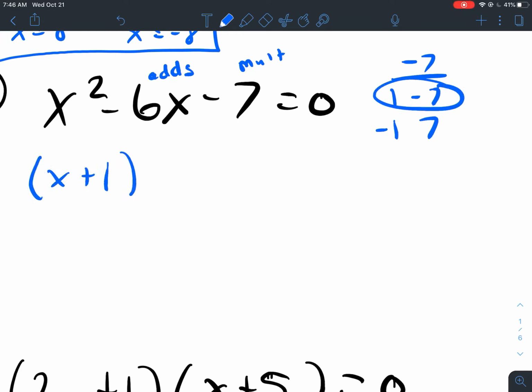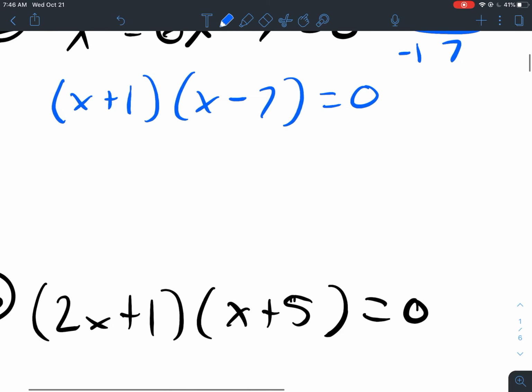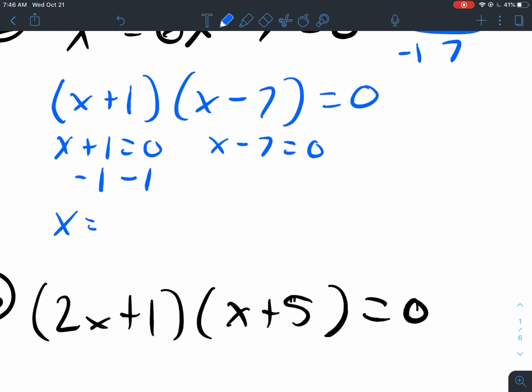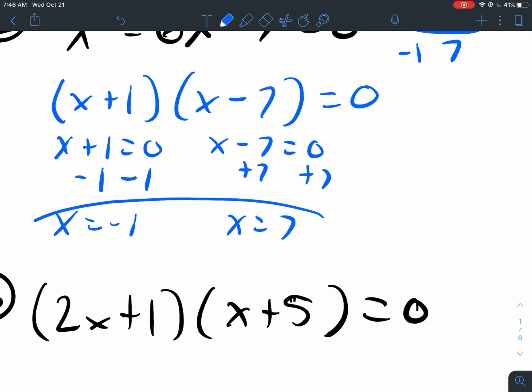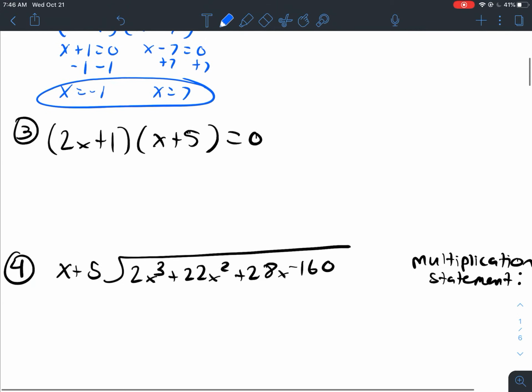I'm going to do x plus 1, x minus 7, because when I add those together, I get a negative 6. Then I set those terms equal to 0. We do minus 1, x equals negative 1, plus 7, x equals 7. So that would be our solution there.